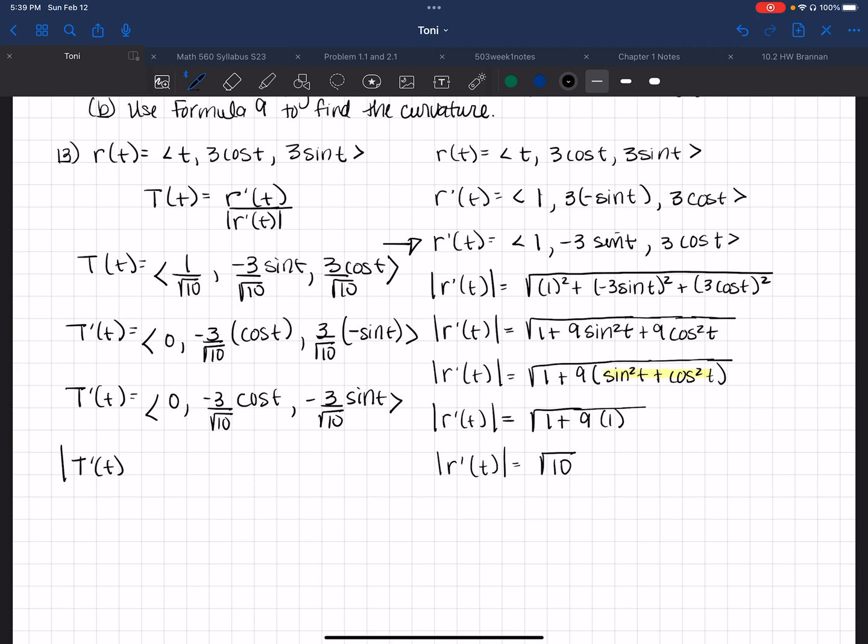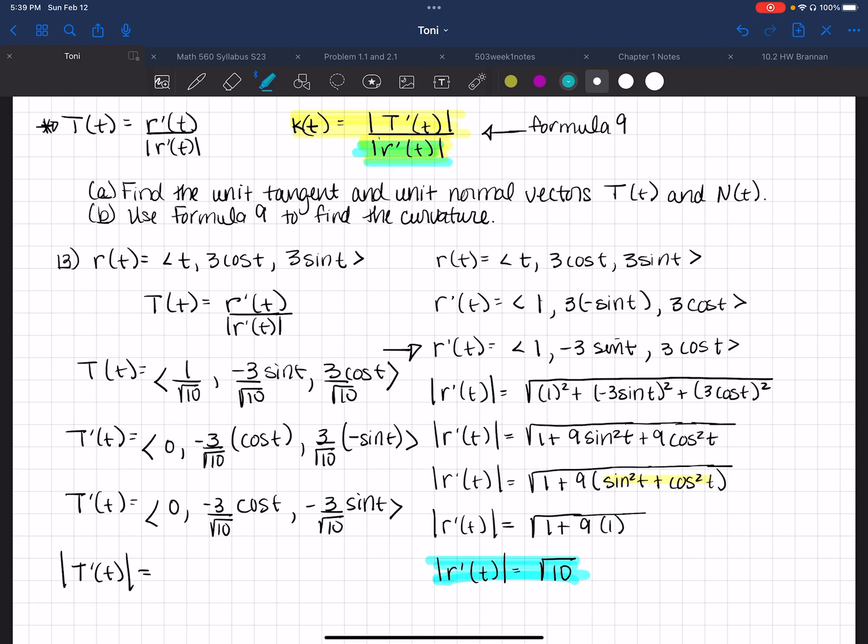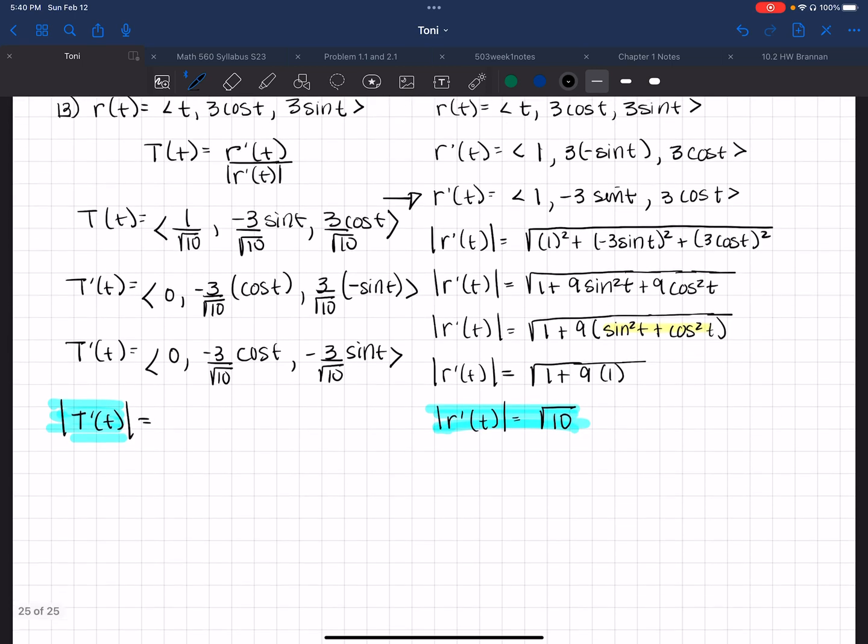So I'm going to do that just like I did with the r prime of t. And if you'll remember, I need this in a minute. Look, this is going to go right here in this bottom. And then I'm going to need this length, the length of the t prime of t, and that's going to be my numerator.